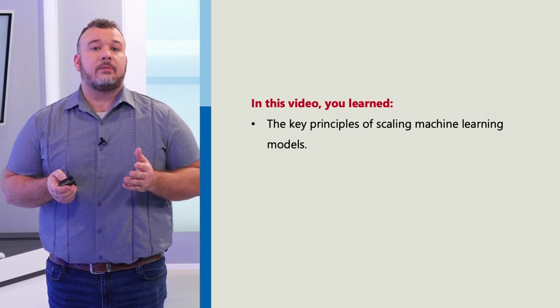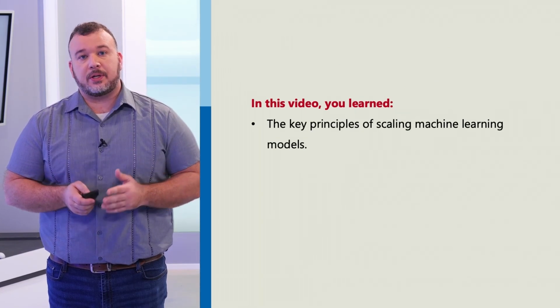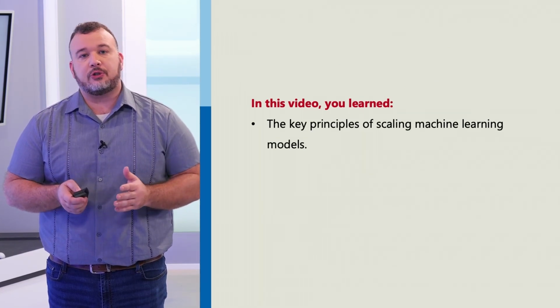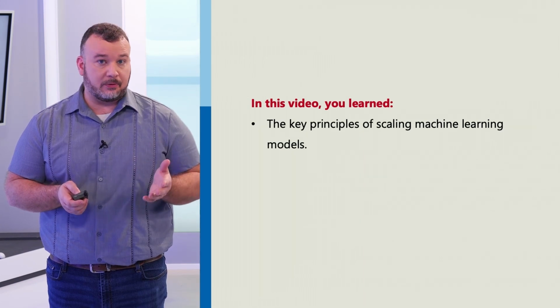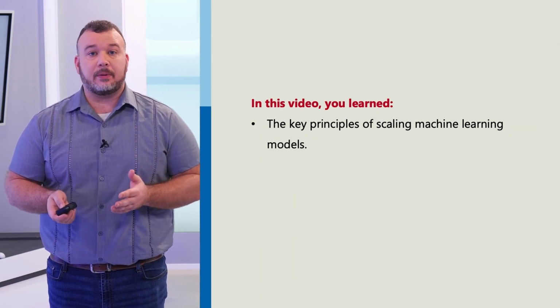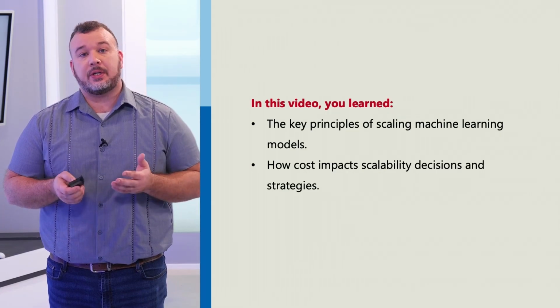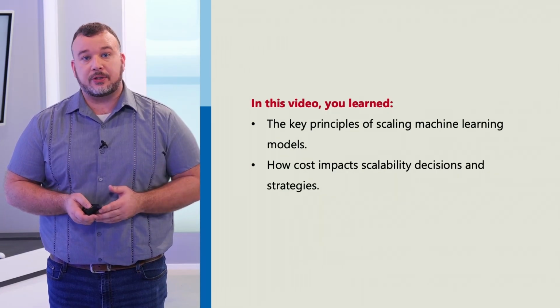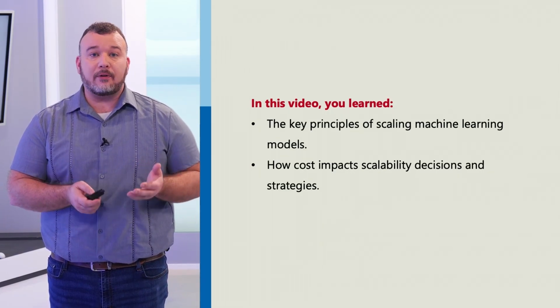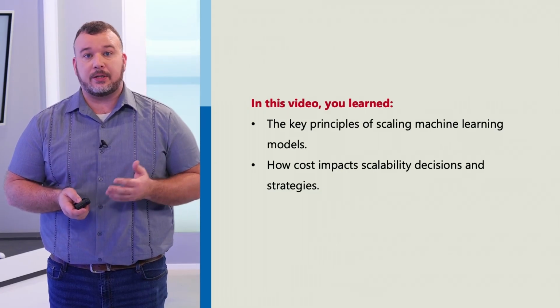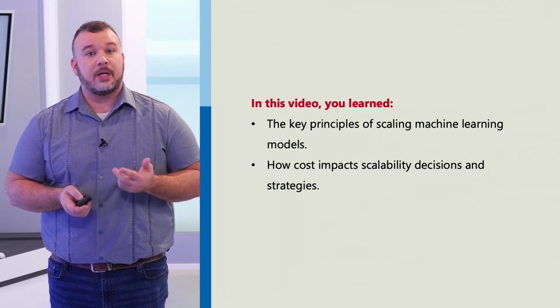In this video, you learned about the key principles of scaling machine learning models to ensure efficiency and maintain performance as demands inevitably grow. You explored how cost implications play a significant role in scalability decisions, highlighting the need to carefully evaluate expenses related to computation, storage, and data transfer.